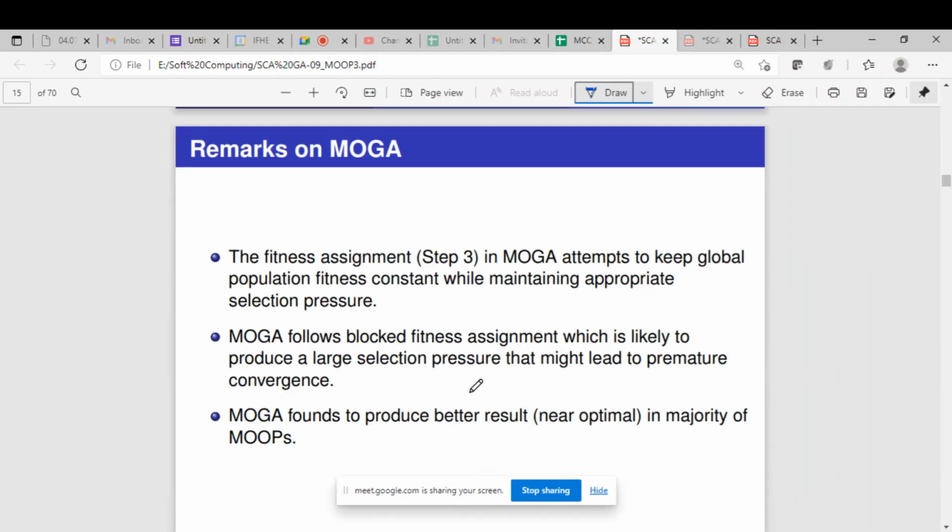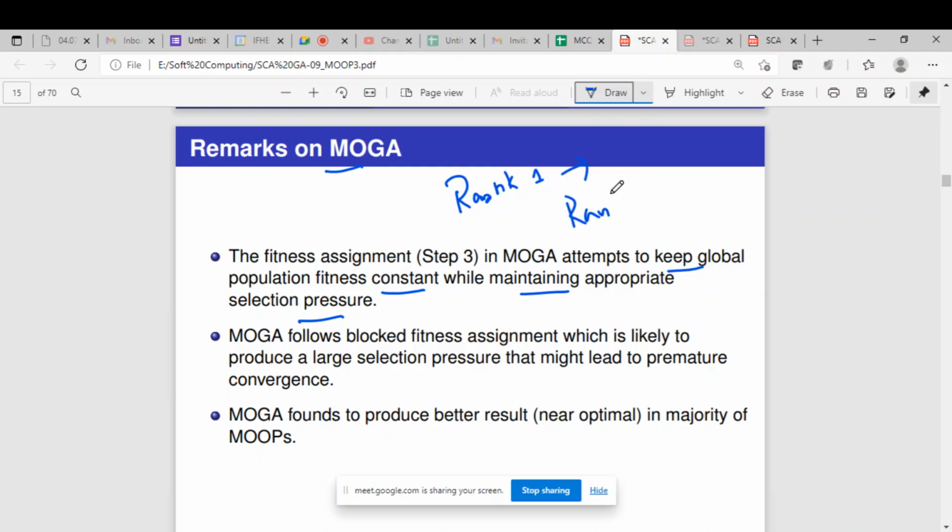The remark on MOGA is that the fitness assignment in MOGA attempts to keep the global population fitness constant while maintaining appropriate selection pressure. In each round we rank, and based on the rank we perform interpolation. Interpolation means we perform some mapping between the best rank and the worst rank, rank 1 and rank n.